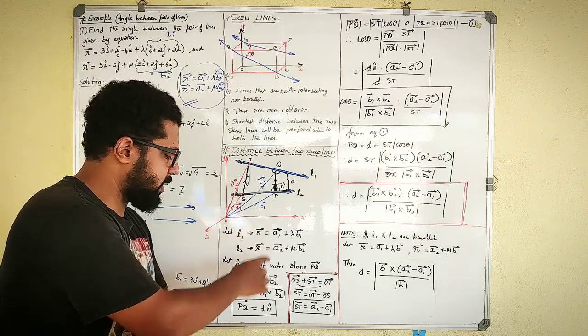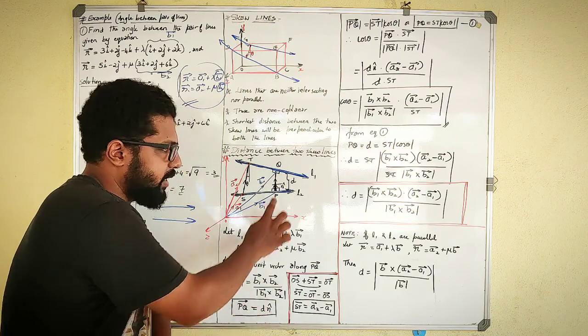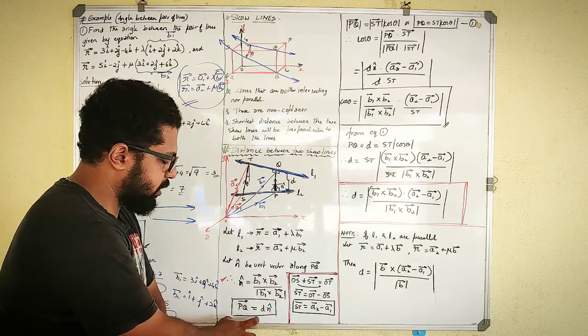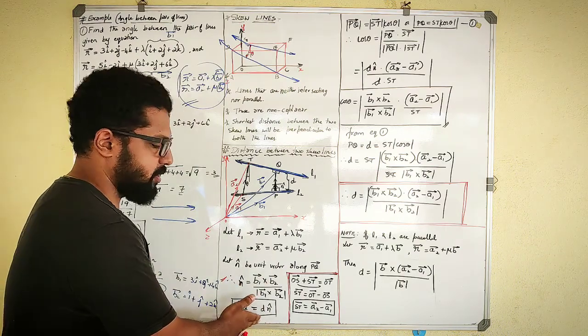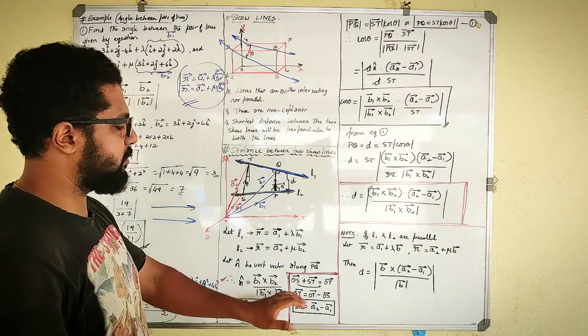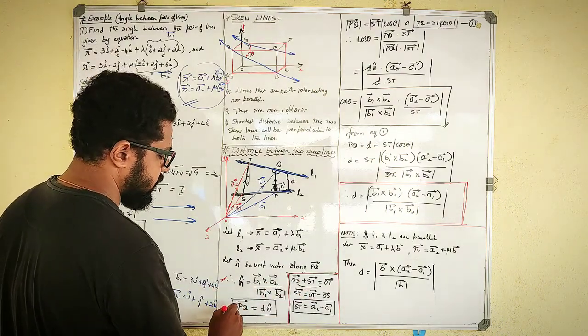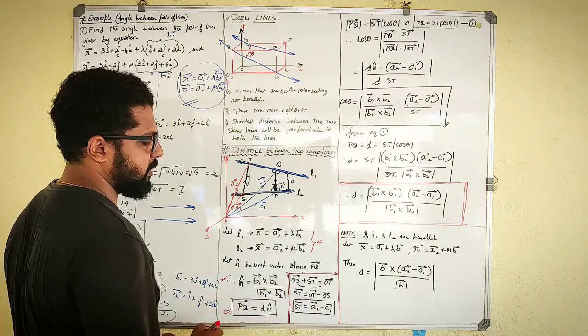In the same way, first I found the unit vector, then multiplied by the magnitude. Right now it is d into n cap. So the PQ vector is given by d times the n cap vector. Remember this formula. Next, let me go to another formula which you need to remember.